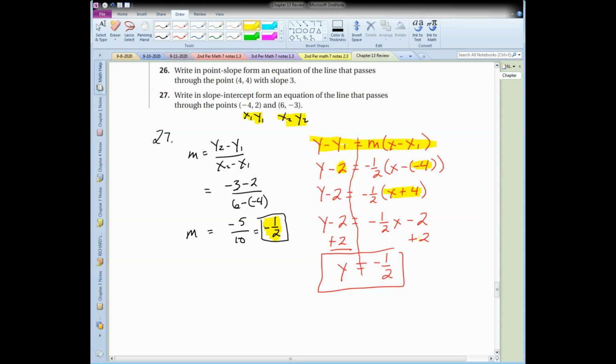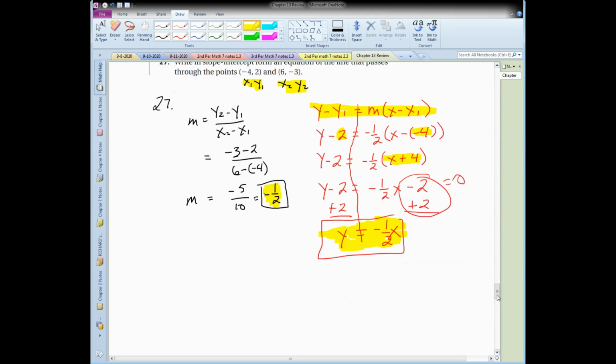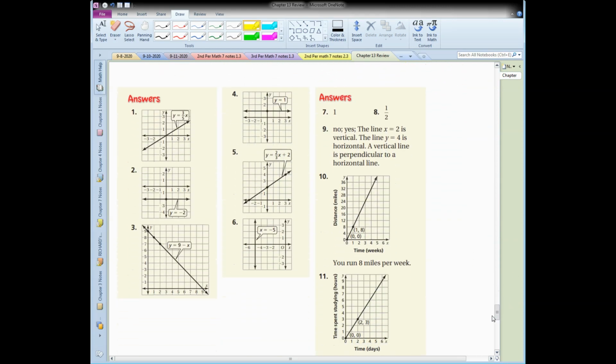And then I add 2 to both sides. And I see here that I have subtracting 2, then I add 2. So this side is just 0. And I end up with the equation y equals -1/2. And I totally forgot to write the x. Okay, whoops, that's not what I wanted to do, sorry. y equals -1/2 x.